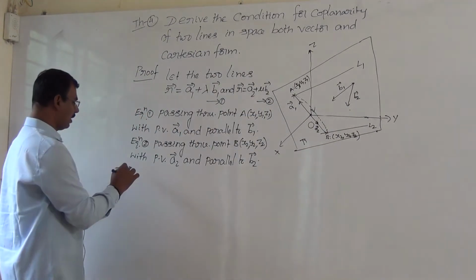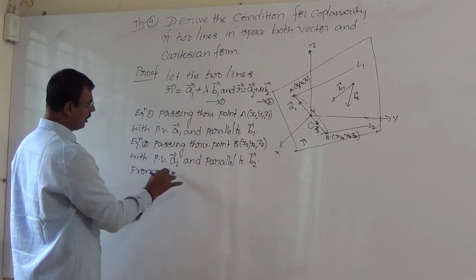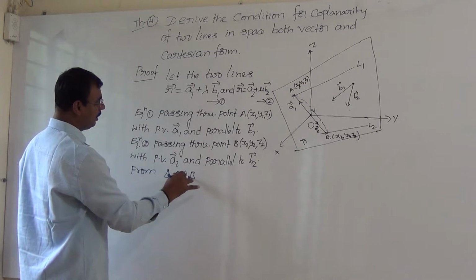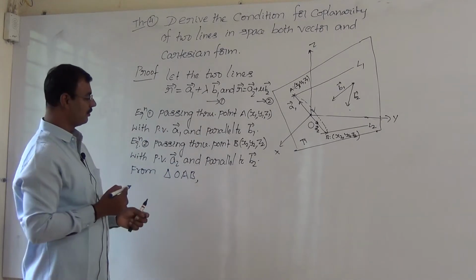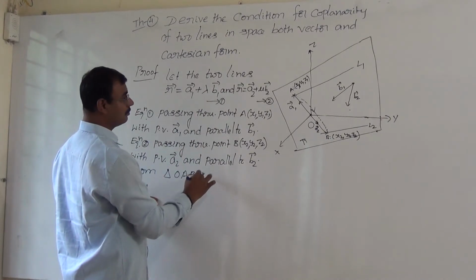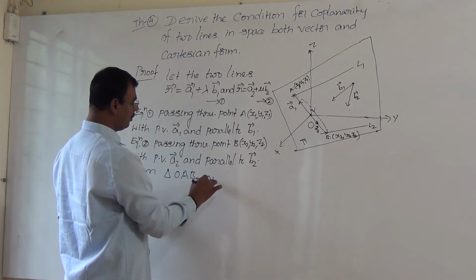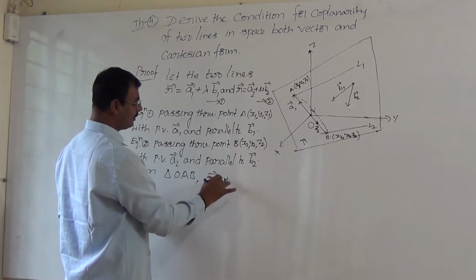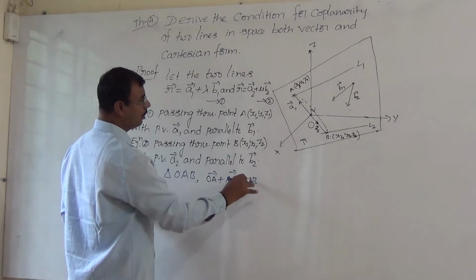So from triangle OAB, using the triangle law of vector addition, OA bar plus AB bar is equal to OB bar.